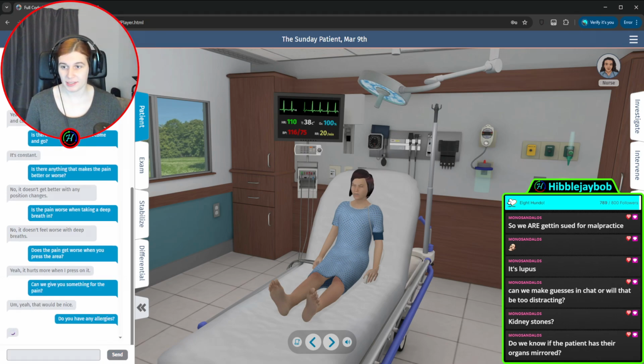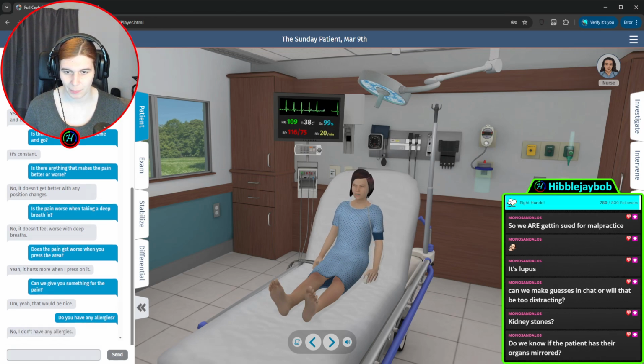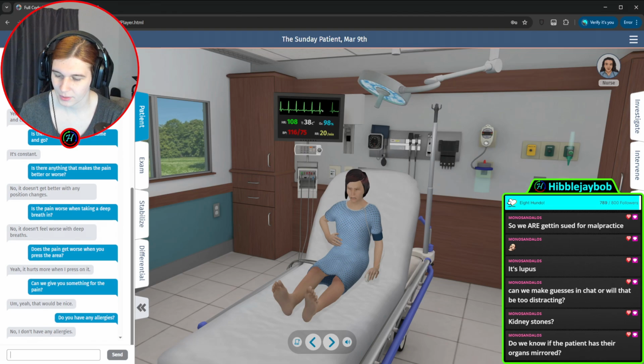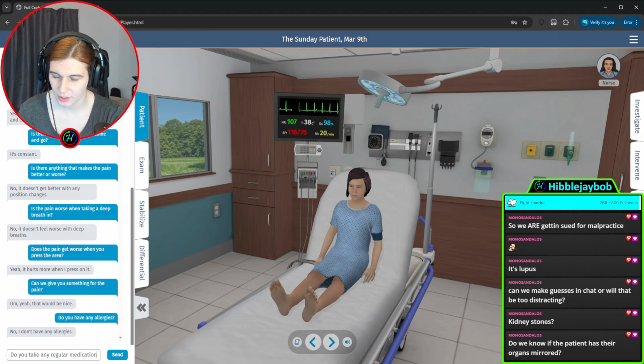So before we give medicines, we need to know if the patient has any allergies to any medicines, because we don't want to kill our patient. That would be no bueno. No, we don't have any allergies. Do you take any regular medications?